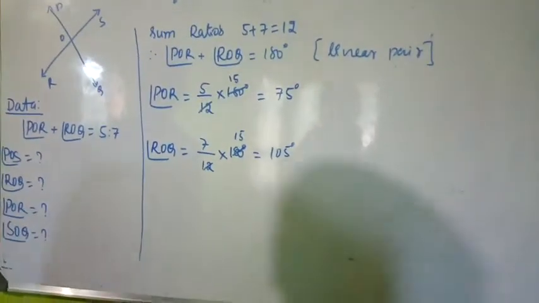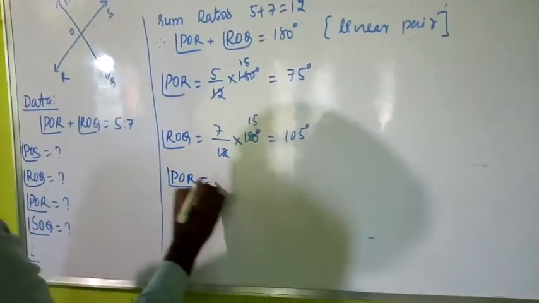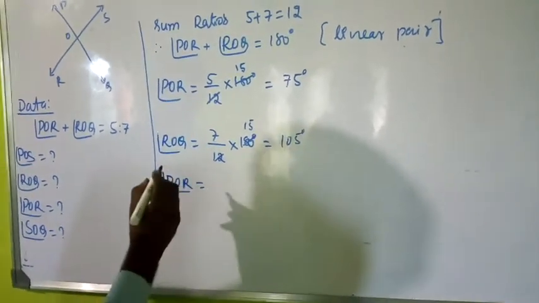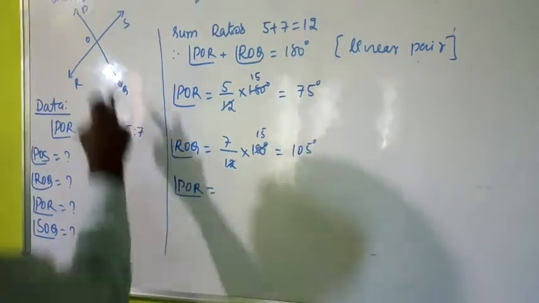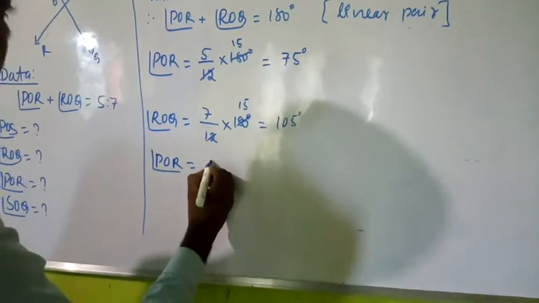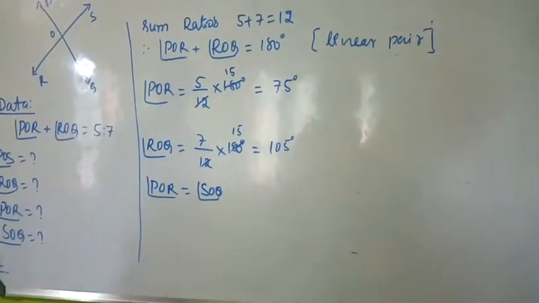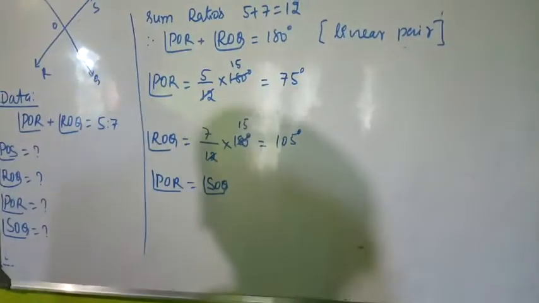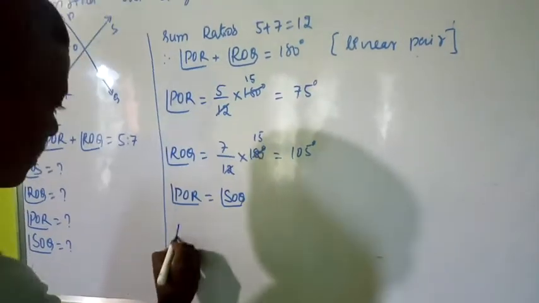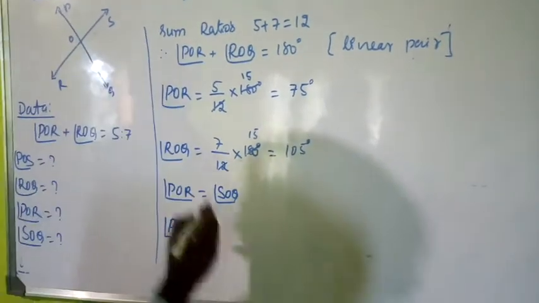So next we can apply the theorem. Angle POR is equal to angle SOQ, and angle POS is equal to angle ROQ.